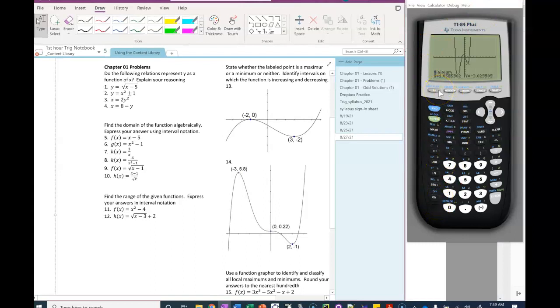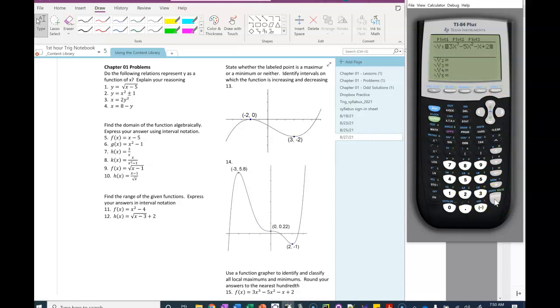To graph anything, I'm going to go to the y equals menu, clear out what I had in there, and then just type in the function for number 15 as it appears on my sheet of paper there. So just like we did last time.